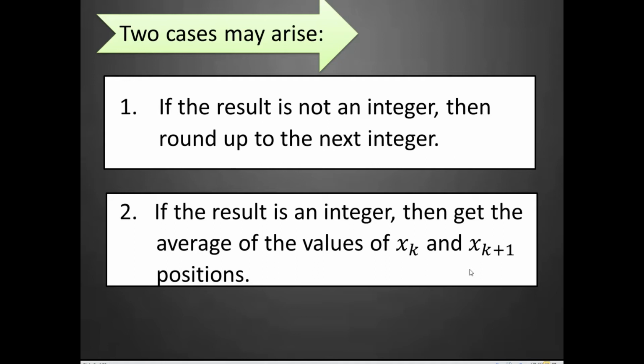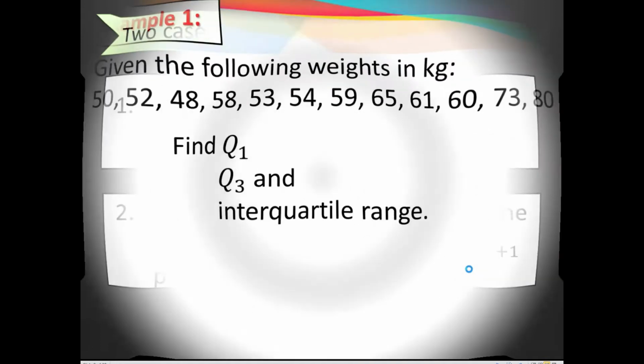For example, kung ang na-compute mo ay 3, that means you have to get the average of the third and the fourth data. If for example, ang na-compute mo ay 5, which is also an integer, therefore you need to get the average of the fifth and the sixth data. So let's apply the formulas and these cases in calculating measures of position for ungrouped data with our examples.